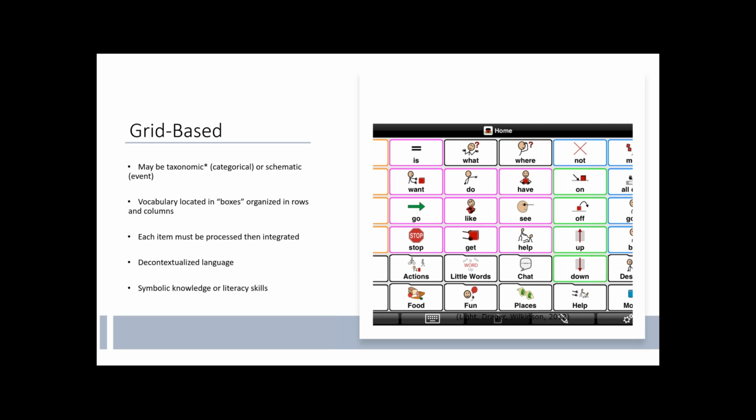Again, it could be set up with an auditory scan, so it could be something that they're hearing, but it does require that knowledge. The symbol for stop might be something that you would recognize quite easily coming from the environment, but some of these other ones, such as the equal sign up there for is, might be a little less transparent if you couldn't read the word is. So something that needs to be thought about when you're coming up with the vocabulary organization for an individual.